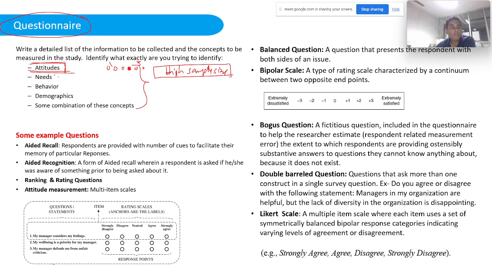Similarly, you may also look for qualitative answers like needs. So you may ask simple questions like, what do you think this product is missing? By showing some picture, you can ask the simple question, what do you think this particular product is missing?